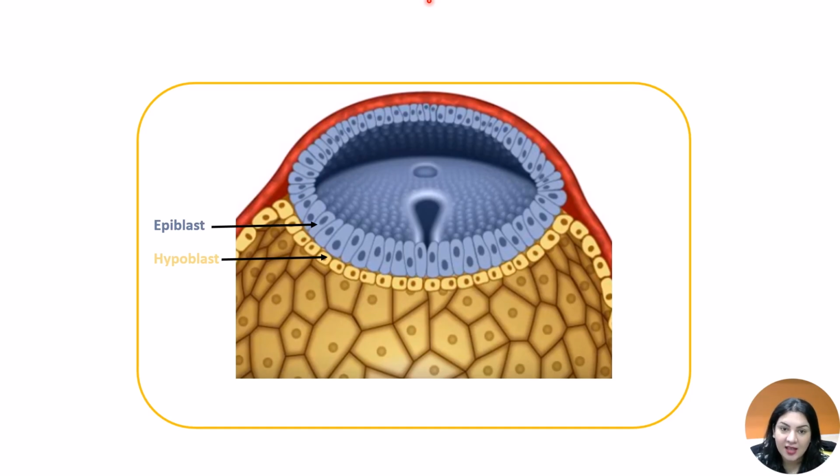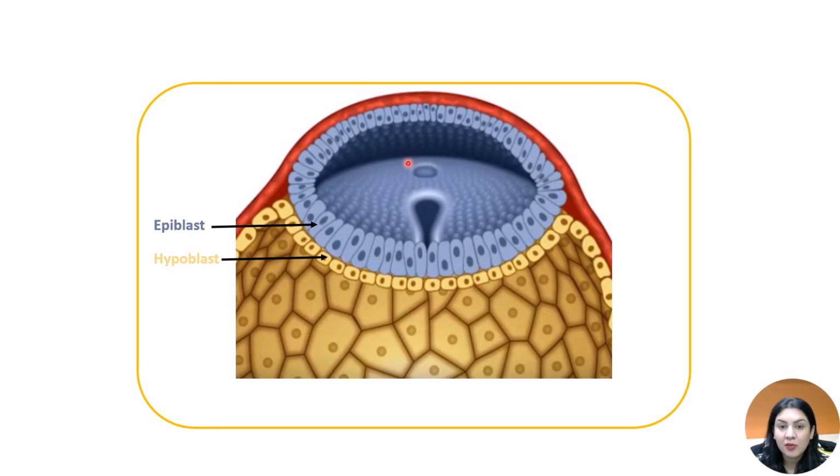That's what we're looking at in this image here. So the bilaminar disc is composed of the epiblast layer of cells and the hypoblast layer of cells. Now, the significance here of the bilaminar disc is that it's going to undergo a very important process that occurs in the 3rd week of development, and this is known as gastrulation.